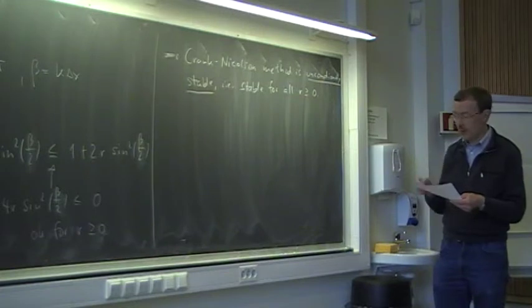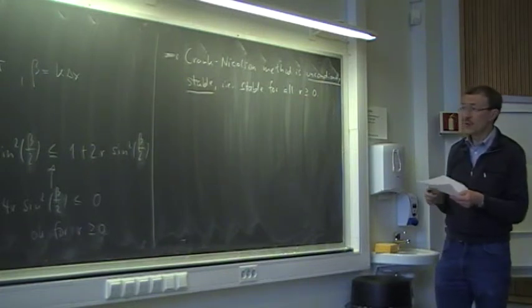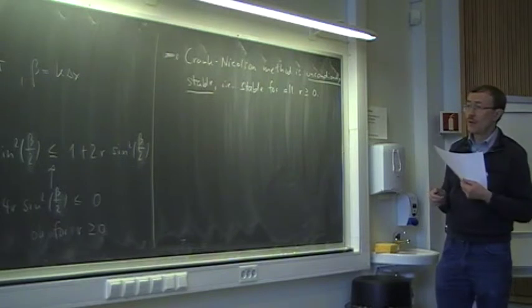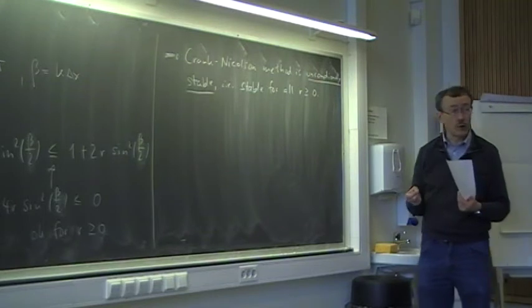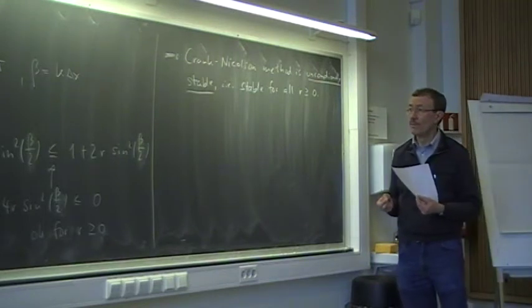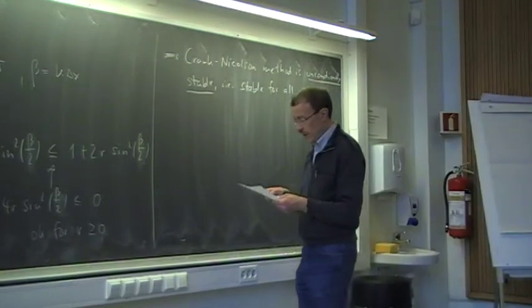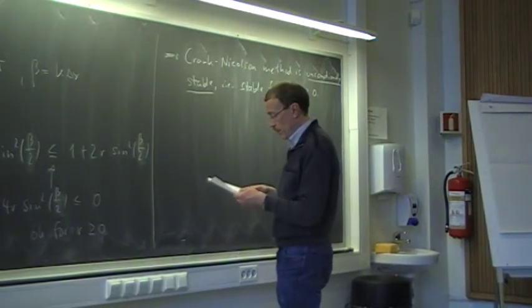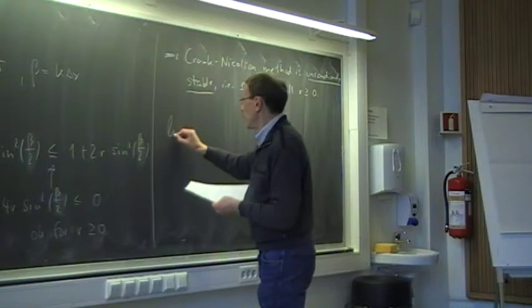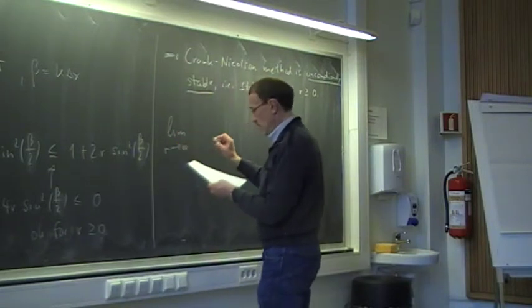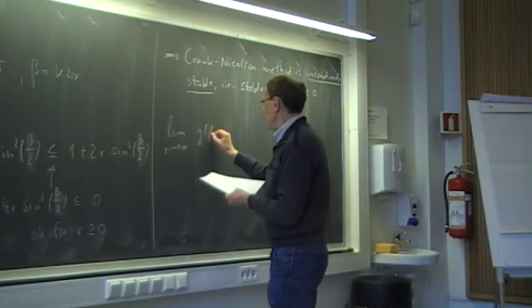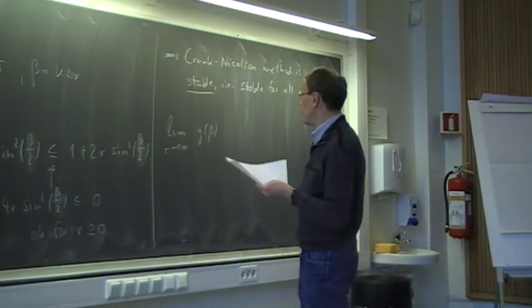But before we conclude also convergence, we want to investigate a special case. Yesterday I told you the question, can we use this method when we take a large r? We know from implicit Euler, we can do that. But what will we get here with the Crank-Nicolson method? So let us look at the limit when r goes to infinity of g of beta, our amplification factor.